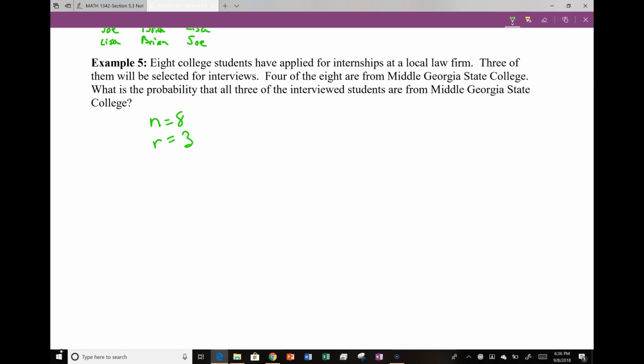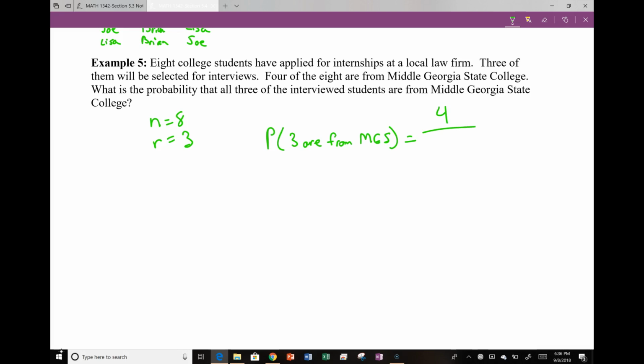What is the probability that all 3 of the interviewed students are from Middle Georgia State College? So the probability that 3 are from Middle Georgia State, there are 4 of them from Middle Georgia State.